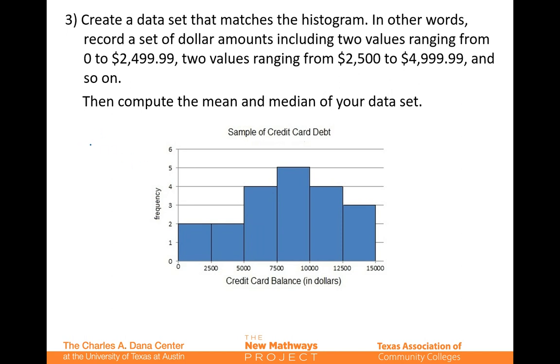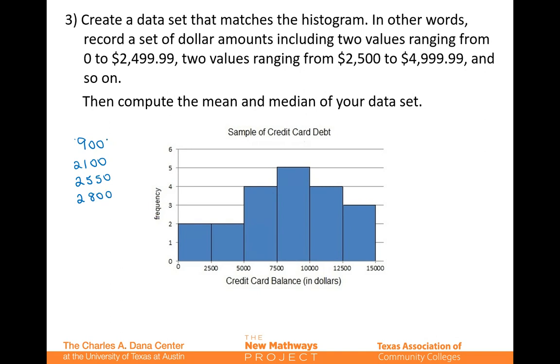So let's just start. We need 2 under 2,500. So the first person, I'm just making these numbers up. Somebody owes 900, somebody else owes 2,100. That takes care of those 2. That's 2 between 0 and 2,500. Someone owes 2,550, and somebody owes 2,800.